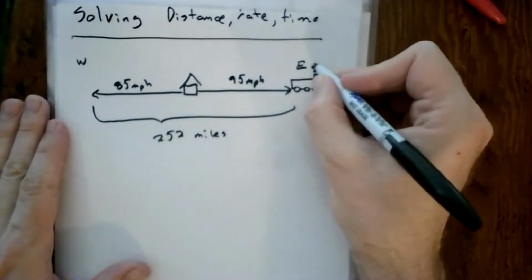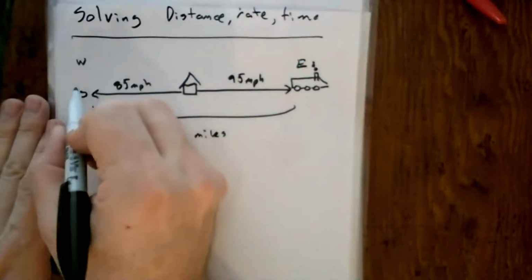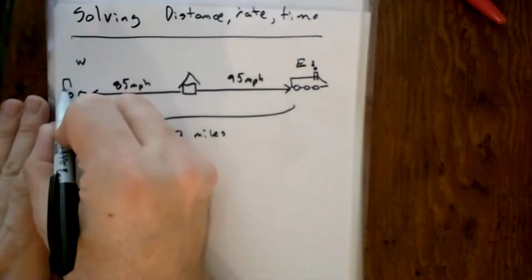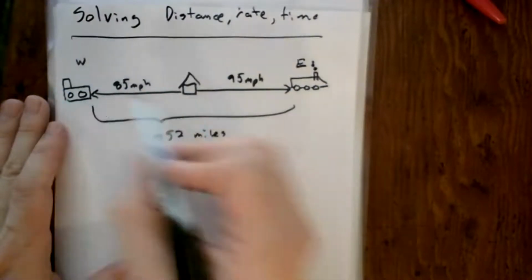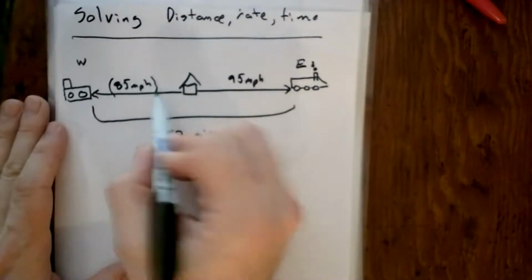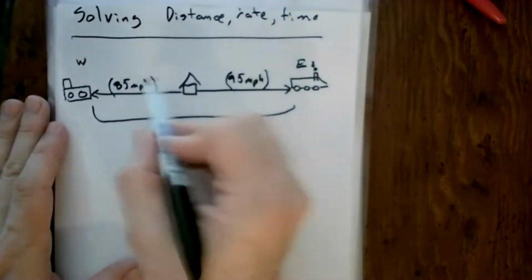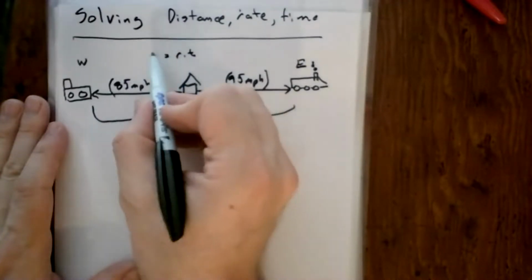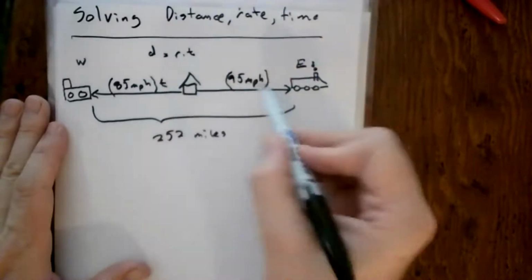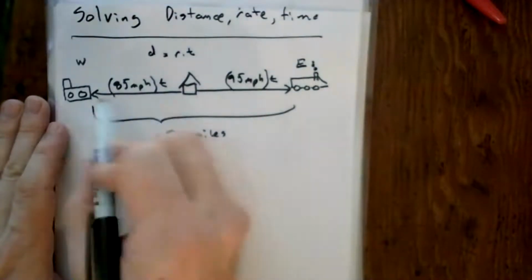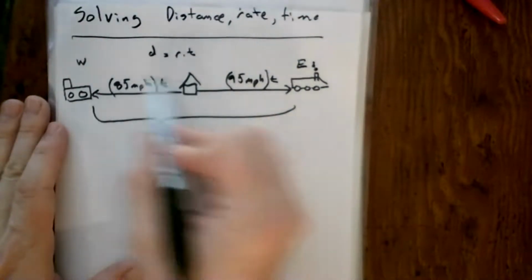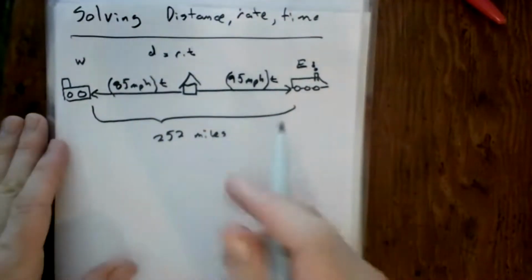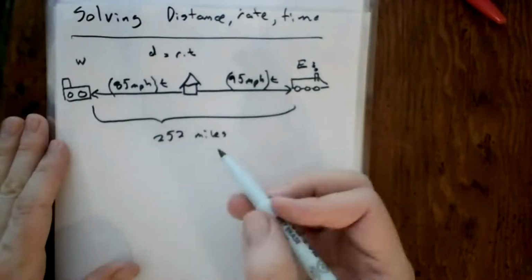Well, we've got everything we need right here, because we have our speeds and we have the distance, but remember, rate times time is equal to distance. So if I add together the distance of my westbound train plus the distance of my eastbound train, it should equal my total distance. This is why I like to draw a picture to help us figure this out.